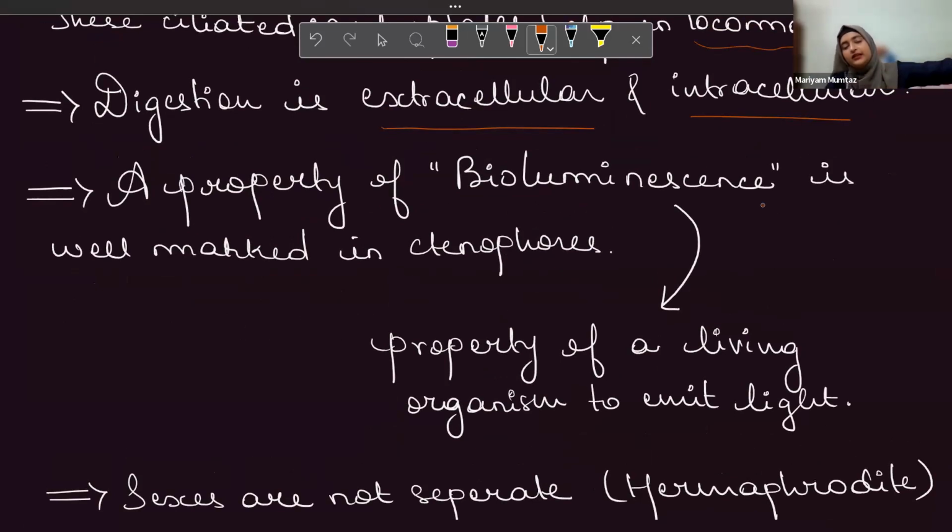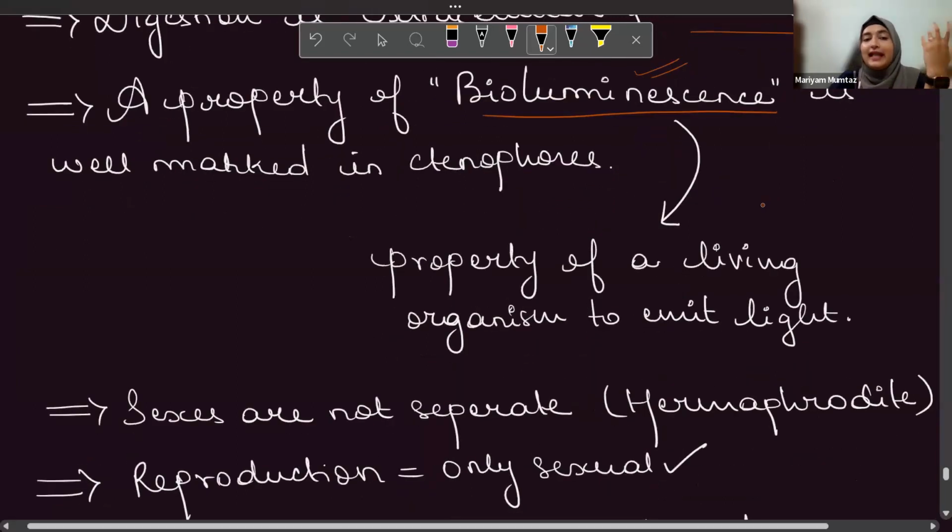Understood? Now, there is one property which makes this phylum very unique. Okay, and that property is the property of bioluminescence. Bioluminescence means when a living body is able to emit light, meaning it glows. So that property to emit light is known as bioluminescence.